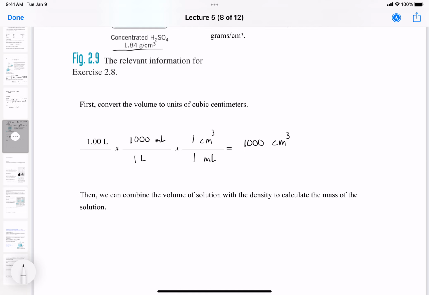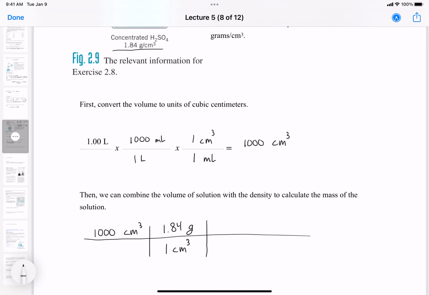Okay, so now we have cubic centimeters. We have the total volume of solution, right? So now we can use the density to figure out how much of that is grams. So we take 1,000 centimeters cubed times 1.84 grams per 1 centimeter cubed.